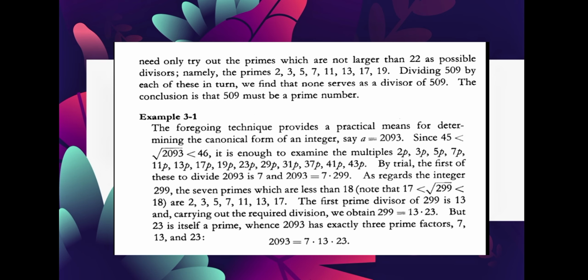Dividing 509 by each of these in turn, we find that none serves as a divisor of 509. The conclusion is that 509 must be a prime number.